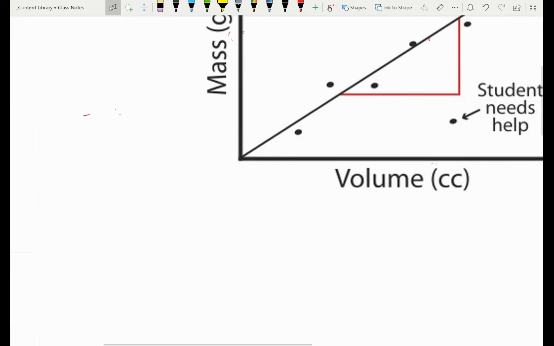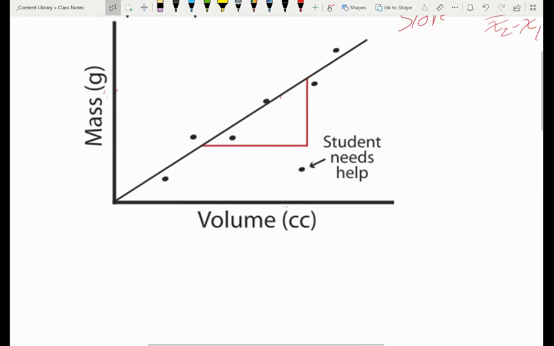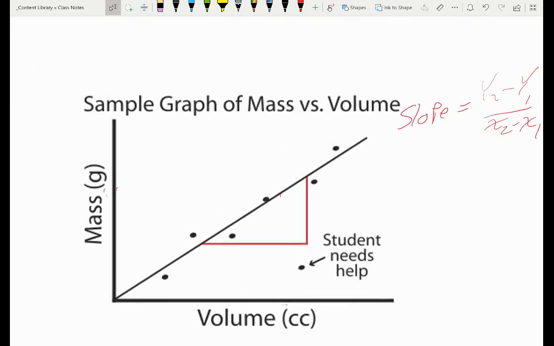Why is it important that it passes through the origin? Well, when we use graphs, one thing to understand is that when one of the two variables, either the x or the y, is 0, it's almost always significant. It's always something that tells us about the data, about what we're studying.